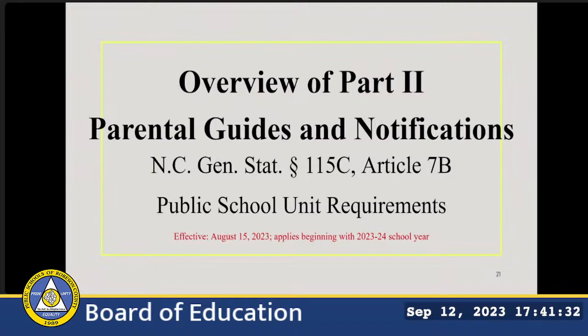So now we move into part two, which deals with the amendments to the public school laws, Chapter 115C of the general statutes. And this adds a new Article 7B to the public school laws. These laws became effective on August 15th, actually August 16th, when the veto was overridden. Okay, but the effective date in the legislation is August 15th, 2023. So all of this is currently in effect, beginning with the 2023-24 school year.